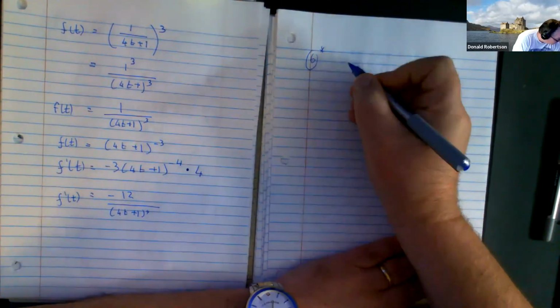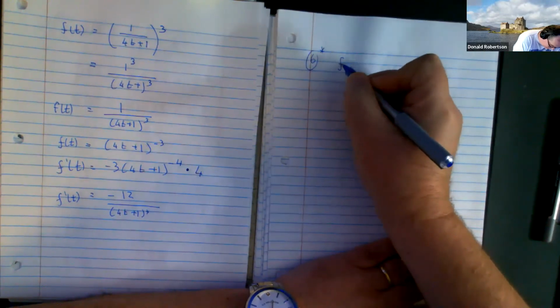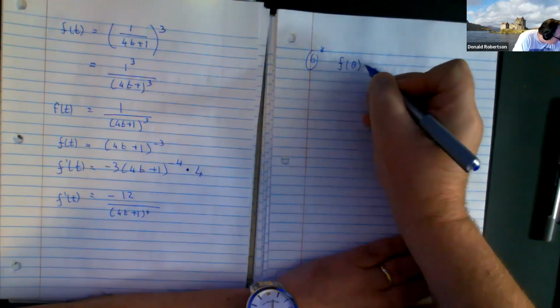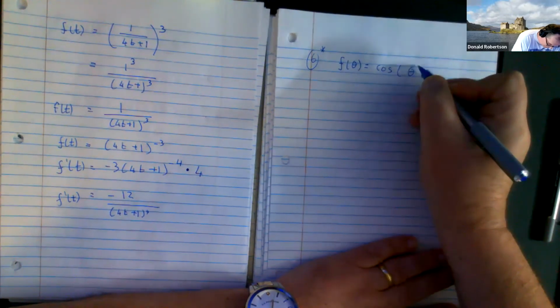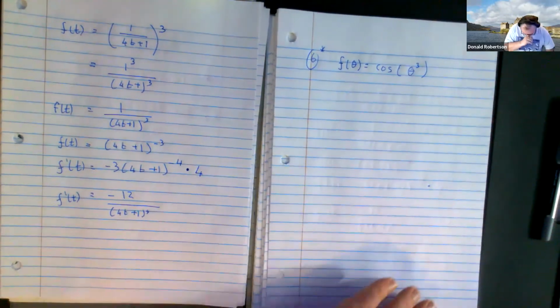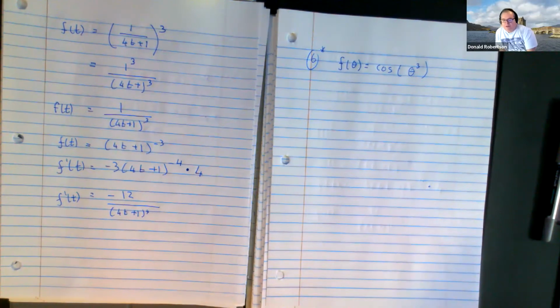Let's put some trig in. This is a version of 6. The guy I call something, his other name is the inside function. What is the inside function in this question?